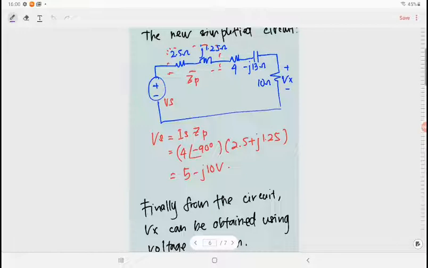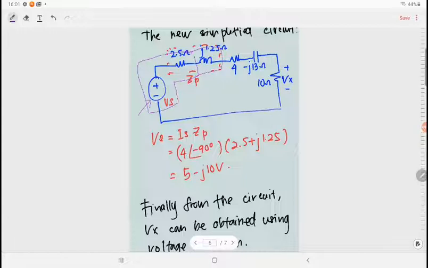So when you transform a current source into a voltage source, your voltage source must be in series with the impedance, right? All right. So now we need to find the new value of the voltage source over here. The voltage source is Vs equal to Is times Z parallel.